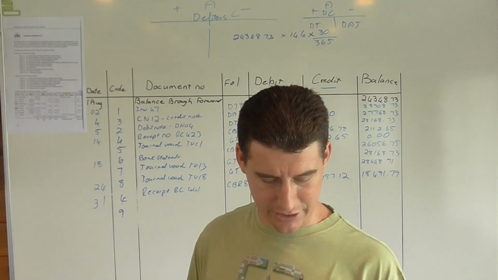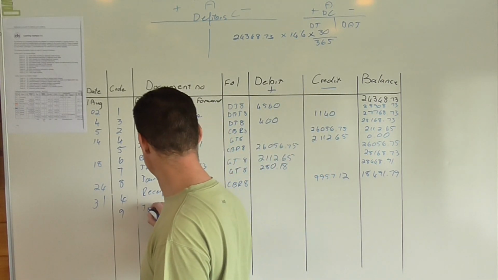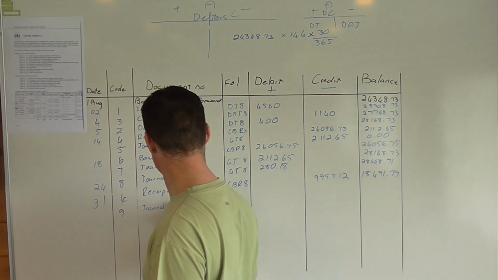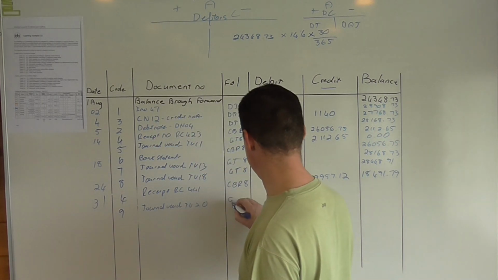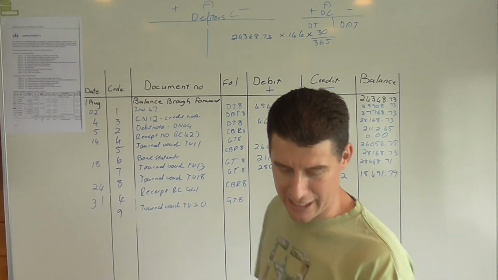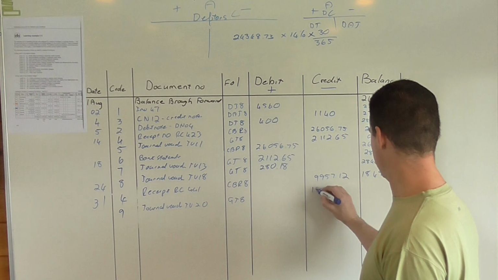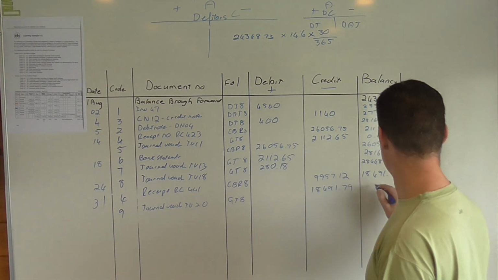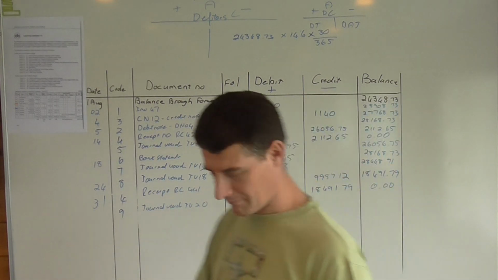It will be journal voucher JV20, and that goes in your general journal. Now we're writing off that amount of 18491.79, which means he owes us nothing.